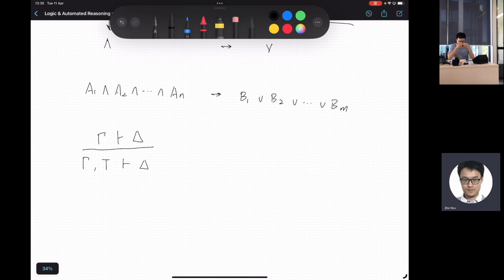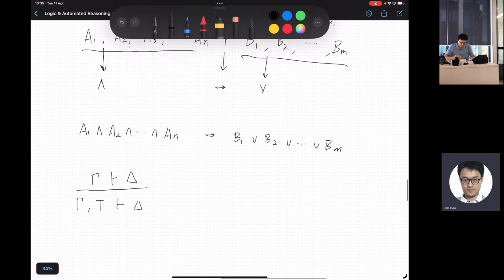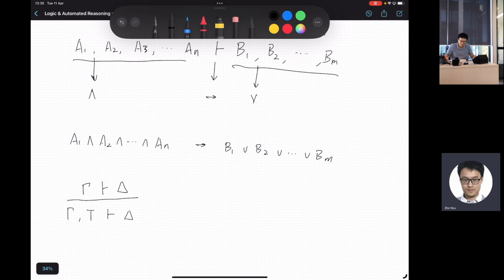And in fact, we actually don't need to use this inference rule at all, because everything is in sets. How many things we have on the left-hand side of the sequence actually doesn't matter.